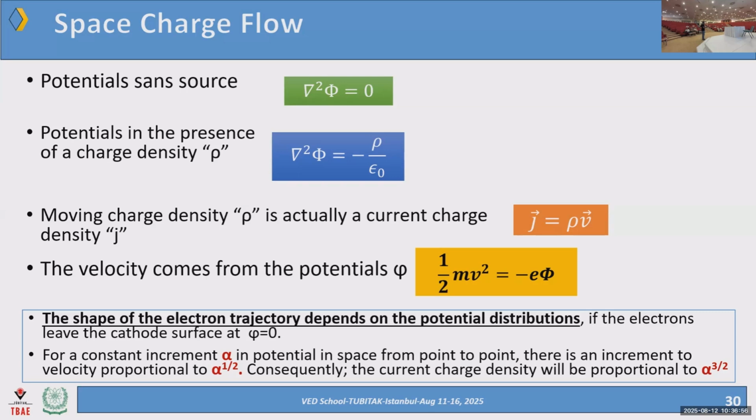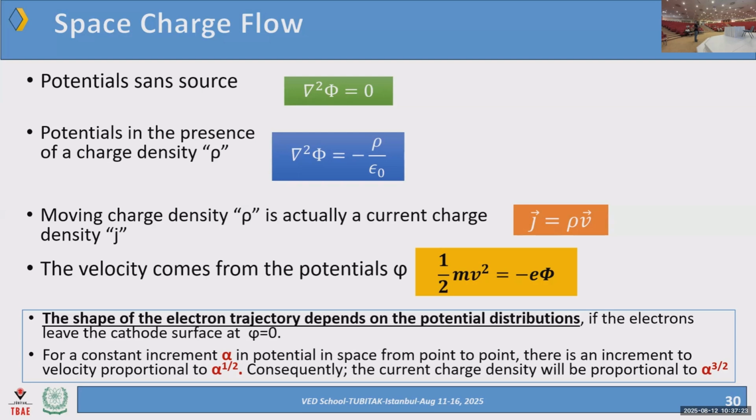And what happens if the potentials are themselves disturbed? The velocity will be disturbed. Okay. So the shape of the electron trajectory depends on the potentials. This is the baseline, or the punchline, of the electron gun, or any source, in fact.